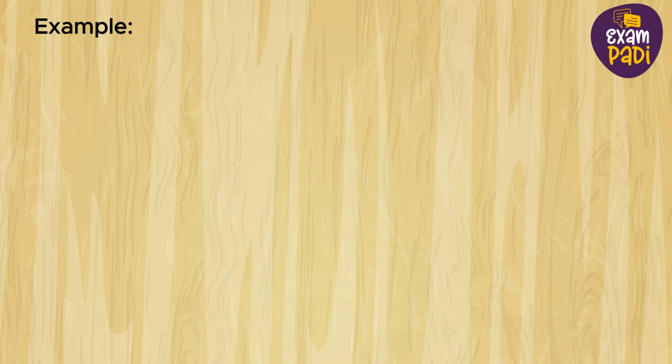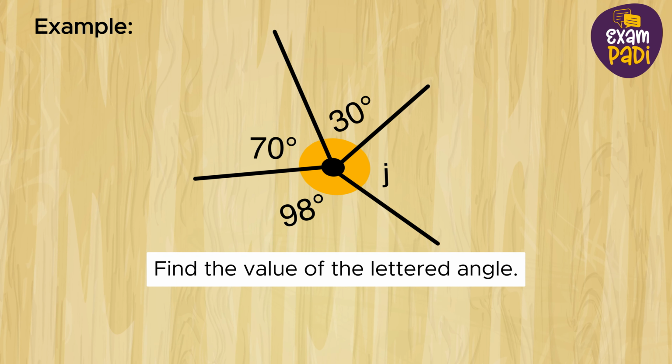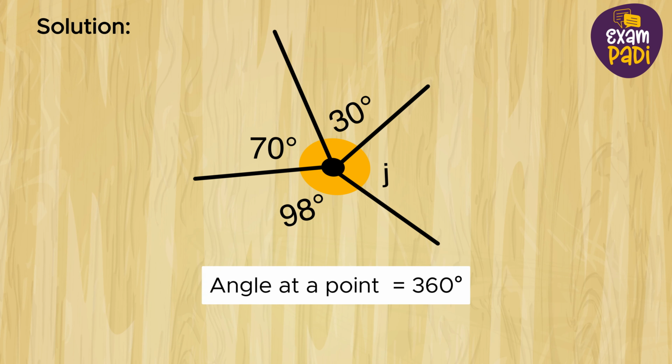Let's take a look at an example. Find the value of the lettered angle in the image displayed. Solution. Angles at a point equal 360 degrees. 70 plus 98 plus J equals 360. 168 degrees plus J equals 360 degrees, that is after summing up 70 plus 98.